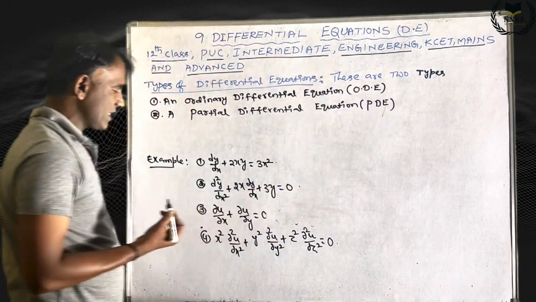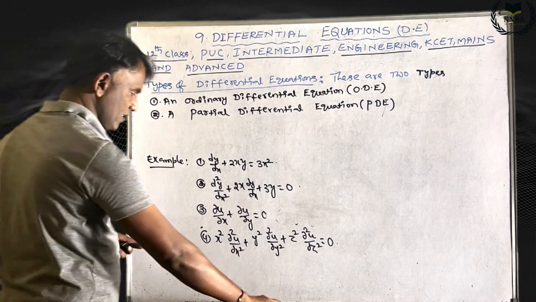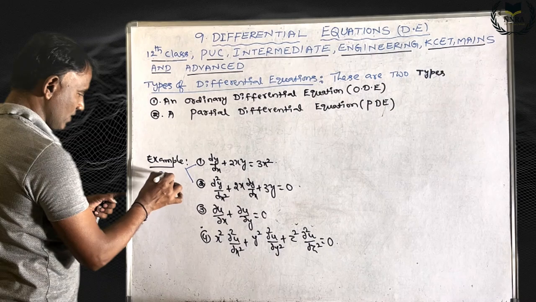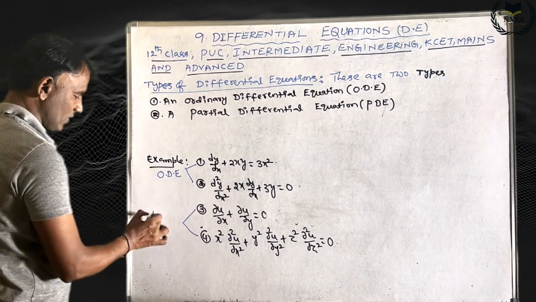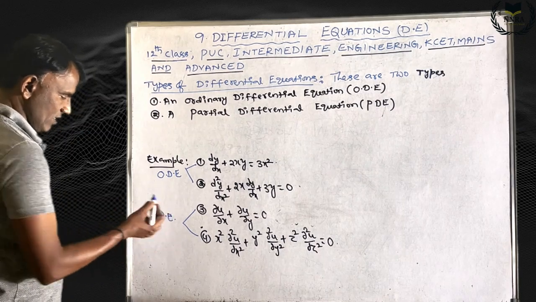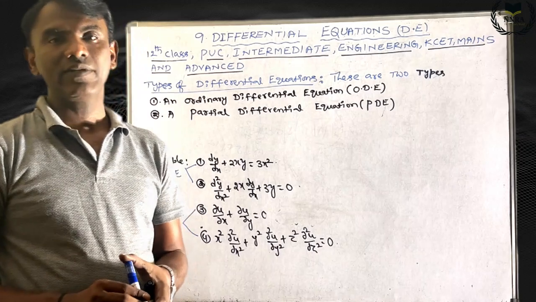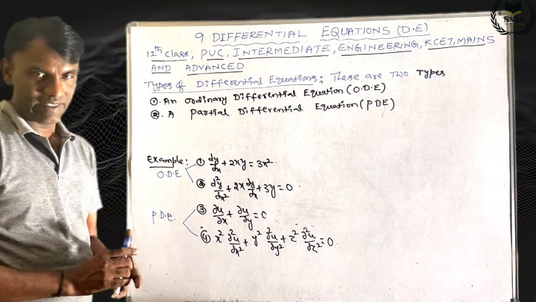So again I am taking the same examples, but in these four examples, the first two examples are called ordinary differential equations. The third one and fourth one are called partial differential equations. But why are 1 and 2 called ordinary and 3 and 4 called partial? What is the difference between ordinary and partial differential equations?